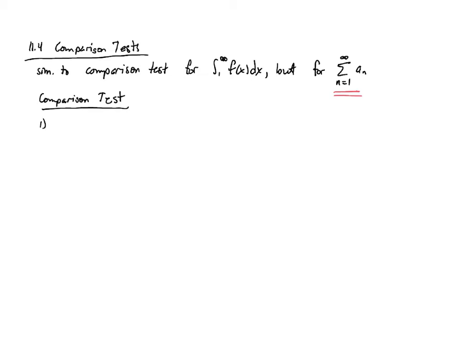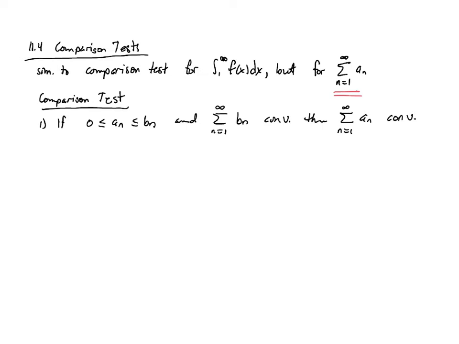So first, if 0 is less than or equal to an, which is less than or equal to bn, and the summation n equals 1 to infinity of bn converges, then the summation n equals 1 to infinity of an also converges.